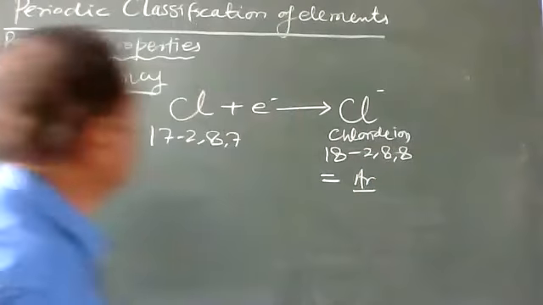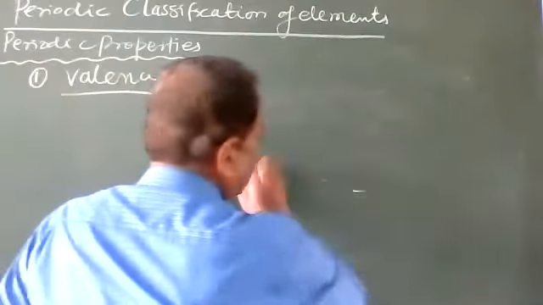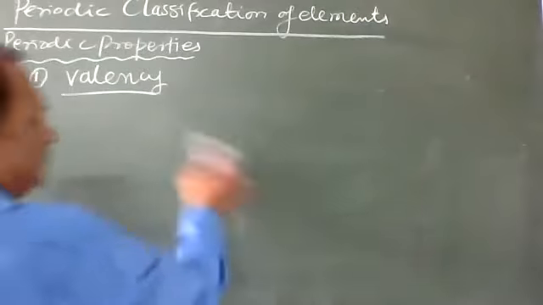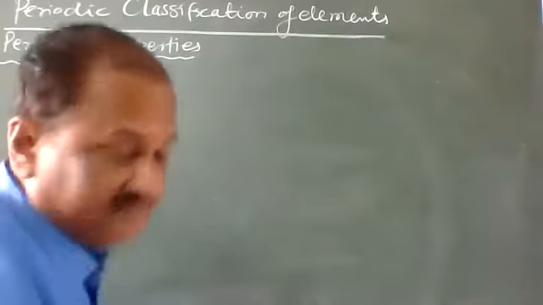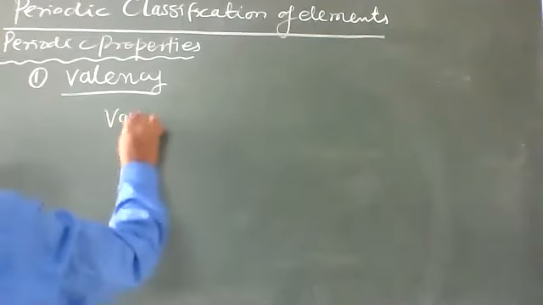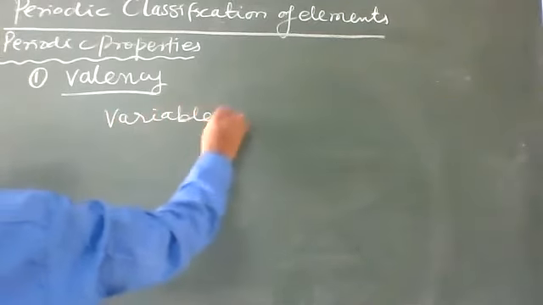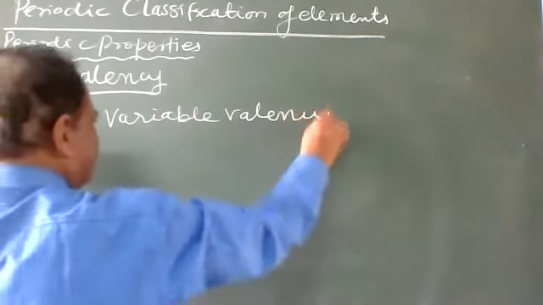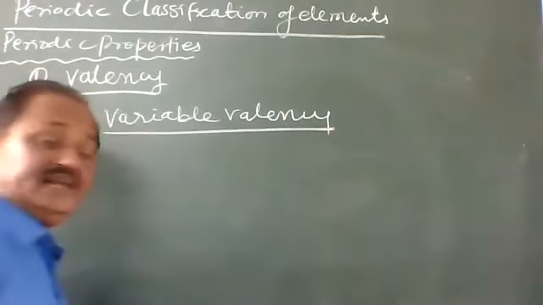So this is the concept of valency. Now next is variable valency. Variable valency is another important part. As the name indicates, variable.